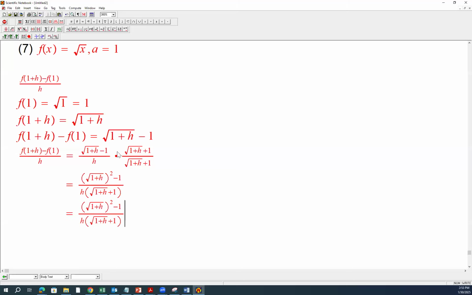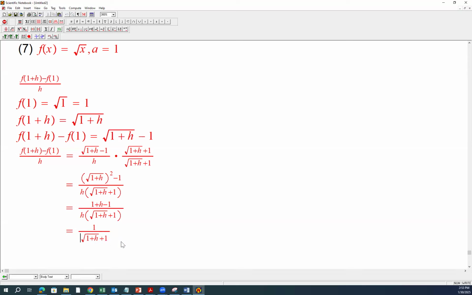And then what? This piece is just 1 plus h, right? And 1 and 1 reduce, make 0. So the h on the top and the h in the bottom are reduced. On the next step, minus 1 and plus 1 make 0, and h will be reduced.